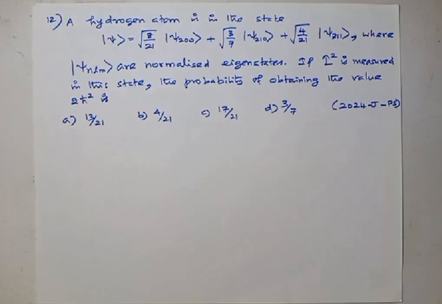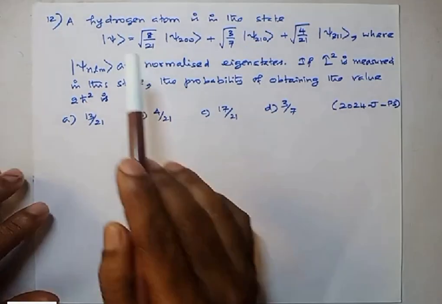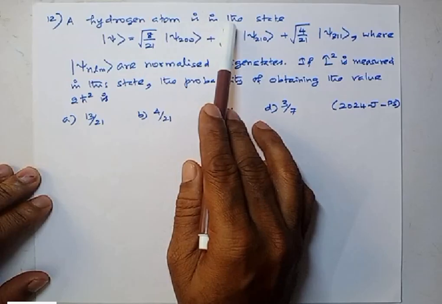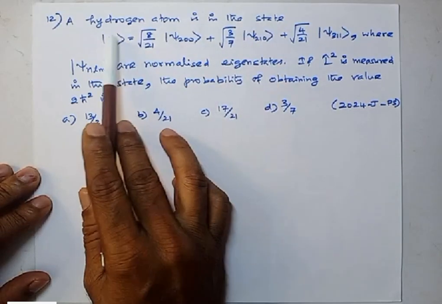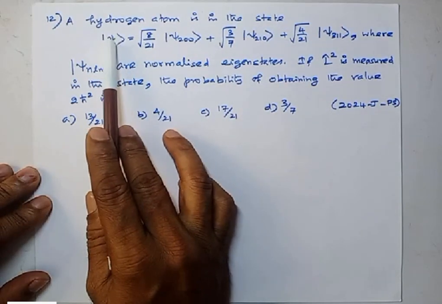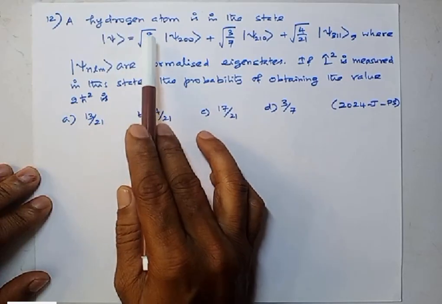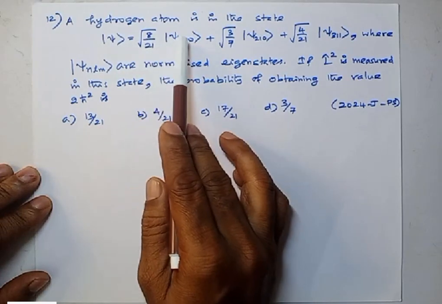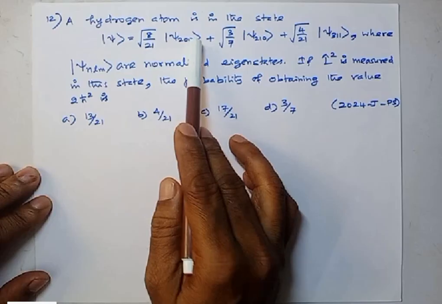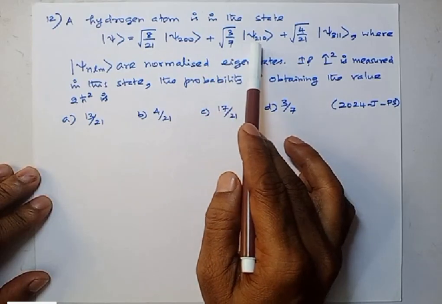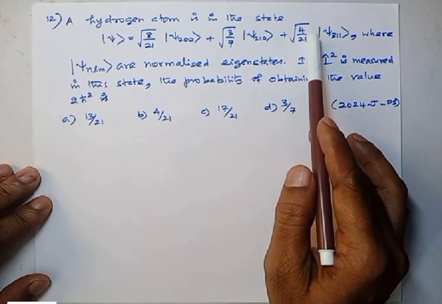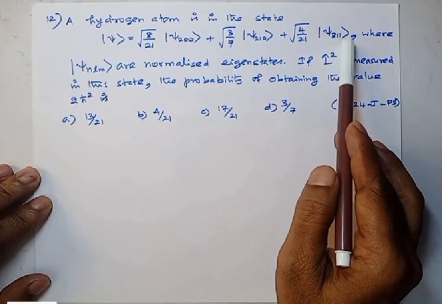Take note. This is the next question. A hydrogen atom is present in some state psi, which is square root of 8 by 21 psi 200, plus square root of 3 by 7 psi 210, plus square root of 4 by 21 psi 311.